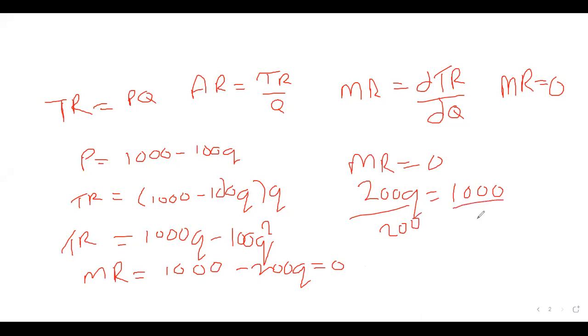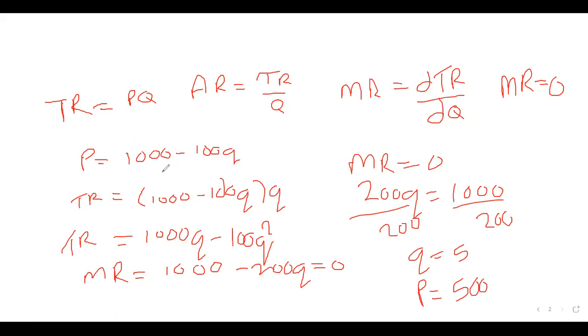We're going to get our quantity as what? As 5. Then we substitute the quantity of 5 into the price function to find the price that maximizes revenue. So when you put a 5 there, it will be 1000 minus 500, meaning our price will be 500. So this is how we maximize our revenue function.